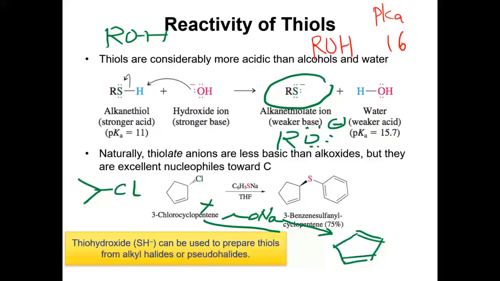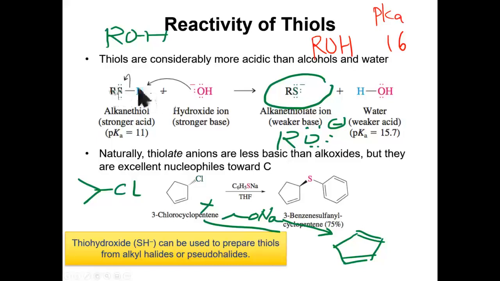Depending on the exact structure the value may vary, but the ballpark number for a conventional alcohol is 16. If you take regular thiols, the pKa is around 10 to 11. That means thiols are about 5 to 6 orders of magnitude more acidic than alcohols.